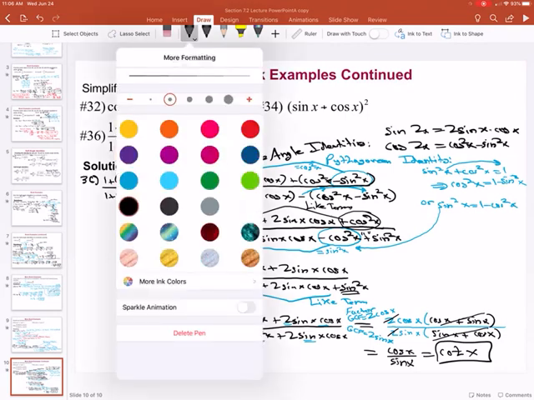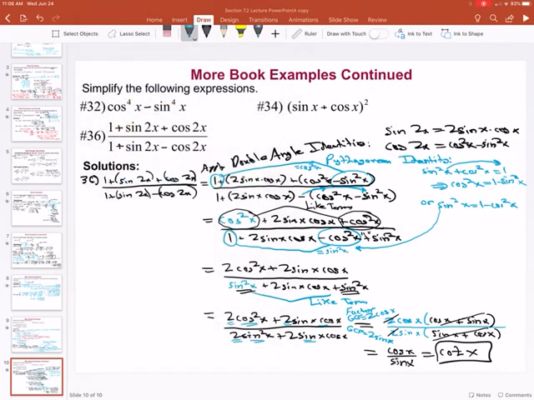So applying the quotient identity, one of our basic identities we established back at the beginning of our first chapter, cotangent x equals cosine over sine, just like tangent is sine over cosine. And that's it. So I hope that helps.